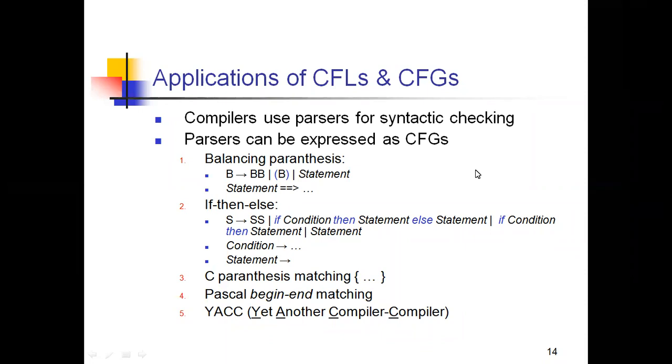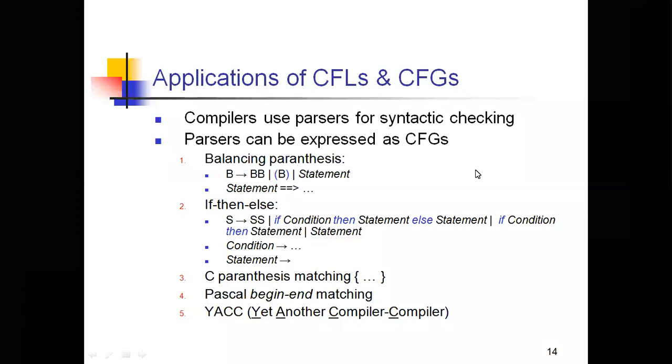These compilers use parsers, which are nothing but syntax trees, representing the program in hierarchical structures, for checking whether it is syntactically correct or not. So one application is that compilers use parsers for syntactic checking.